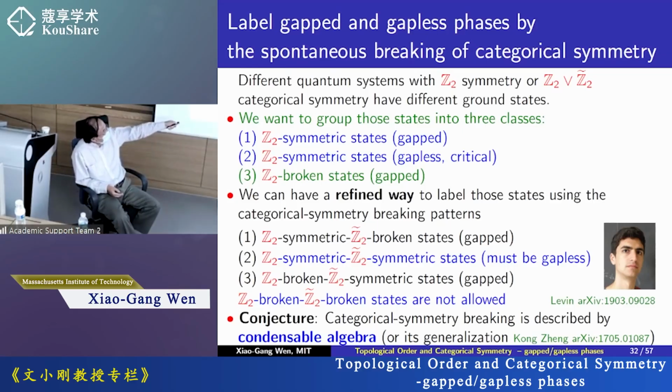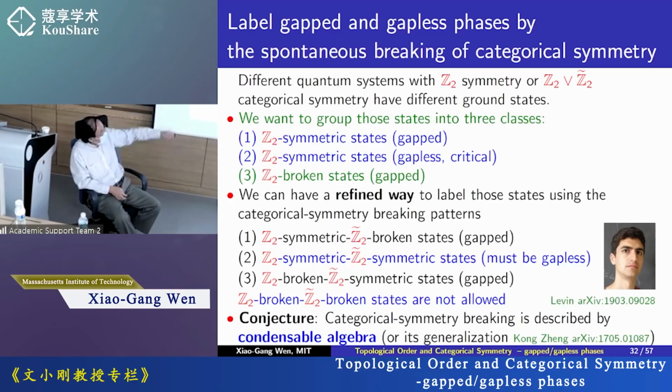There's a Z2 symmetric state which is gapped, the ordinary paramagnetic state. There's also a Z2 symmetric state which is gapless at the critical point. And we have a Z2 symmetry breaking state, which is gapped. So you can see that in this way both the gapped state and the critical state are Z2 symmetric, so there's a degeneracy in the label.